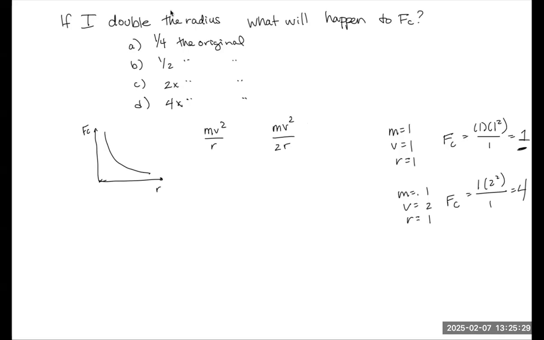Well, that is half of the original mv squared over r. And just like before, we can come over here and if we double our radius, what happens? We get 1 times 1 squared divided by 2 is 1/2. So it will be B, half as much as the original.